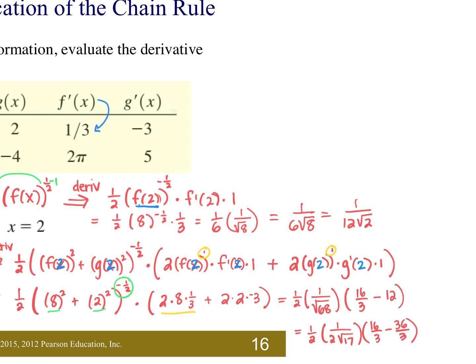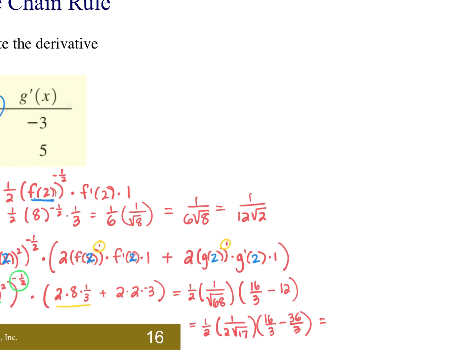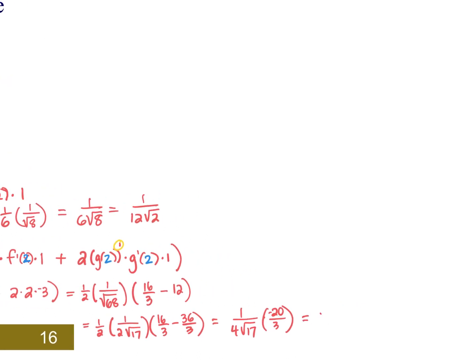I'll have -20 over 3, and that will allow me to simplify a little bit more. Okay, so I'll have 1 over 4 rad 17 together, and then times -20 over 3. So I can simplify the 20 and the 4. So I think my final answer is -5 over 3 rad 17.